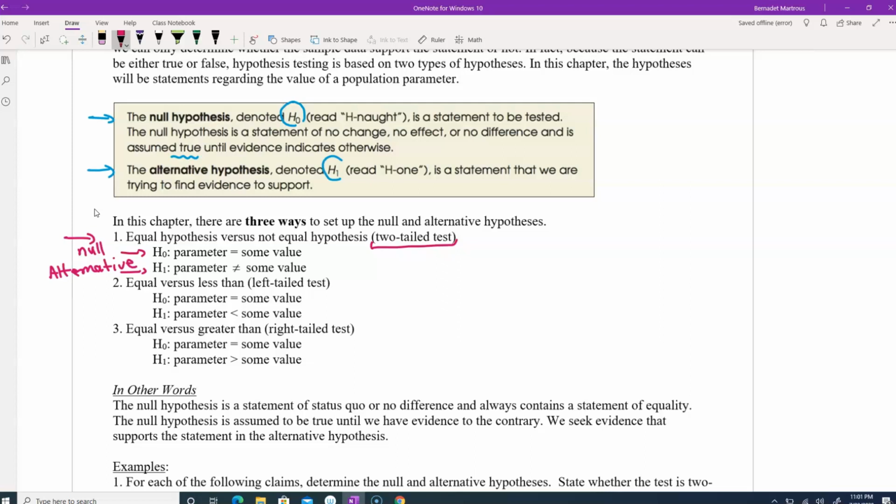For the null, we always have equal to. On the left side we have a parameter, some parameter equal to some value on the right side. Depending on what you have on the left, we're going to work on examples. You may have a mean, or standard deviation, or whatever is given.